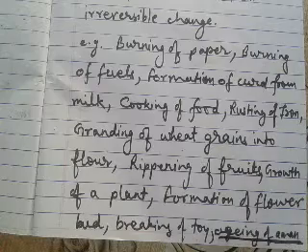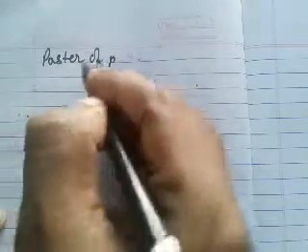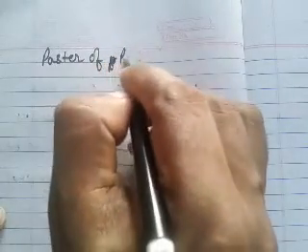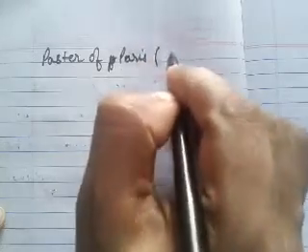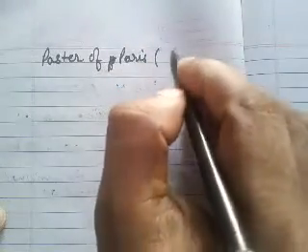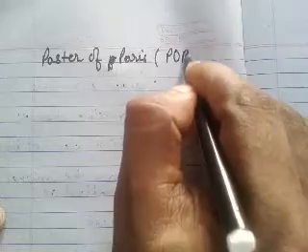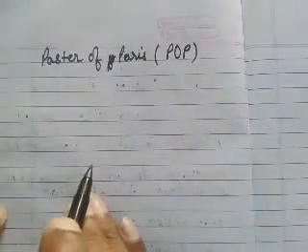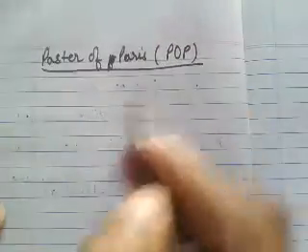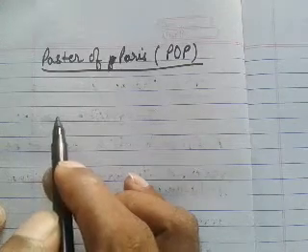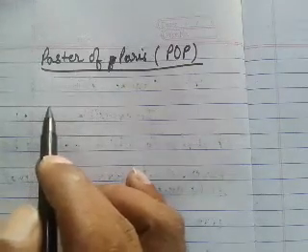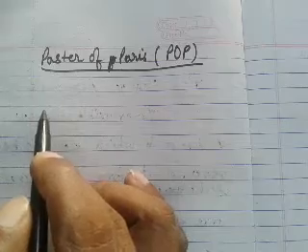And some other examples like plaster of Paris, briefly called POP. It is also a type of irreversible change.